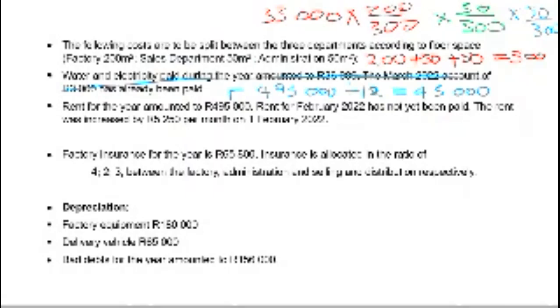So I know that rent per month was 45,000.